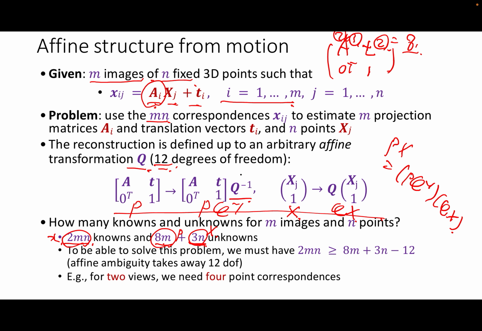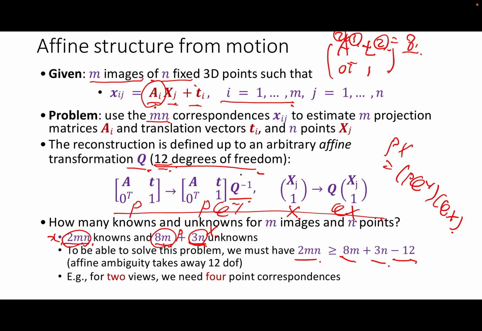So to be able to solve this problem, what we know should be more than what we do not know, right? What we know is 2mn. And 8m plus 3n is what we do not know, and we need to subtract 12 because our structure from motion has an affine transformation ambiguity, which has 12 degrees of freedom.